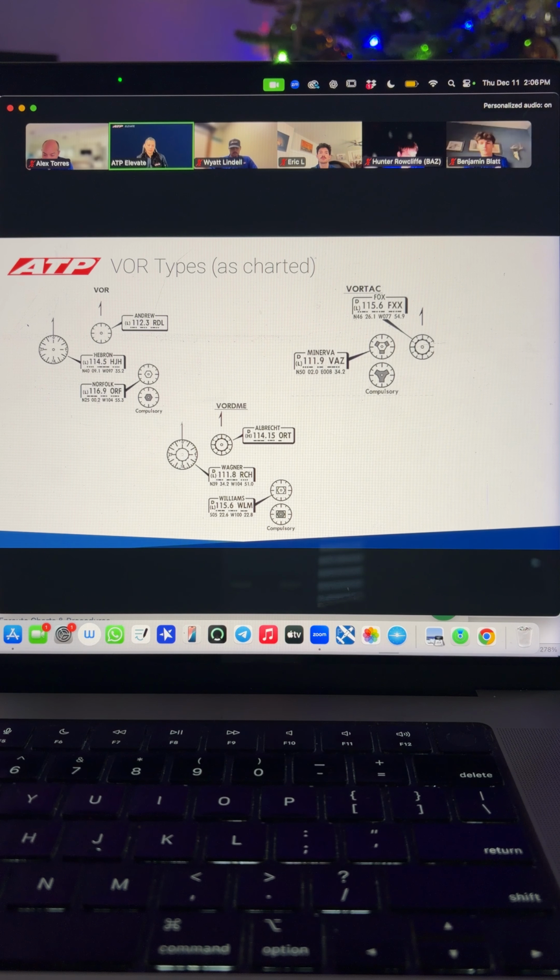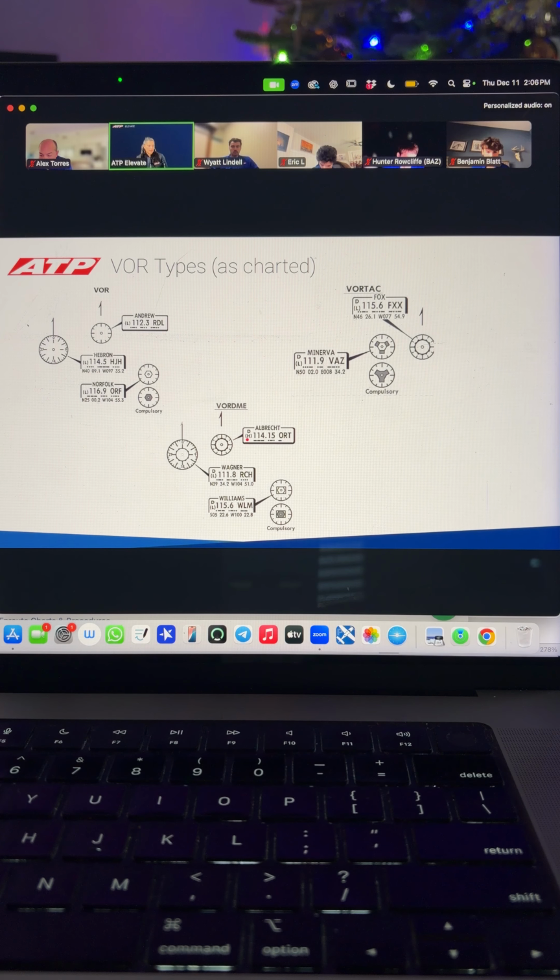With the VOR types, just make sure that you understand the chart symbology. Here are your VORs, and this is exactly what they look like. You're going to have your Morse code identifier, your actual identifier for the VOR, and then it's going to give you an L. The L shows you that this is a low service volume VOR.